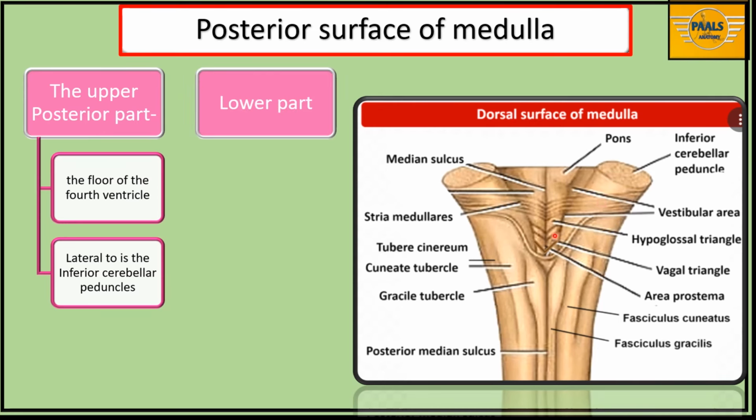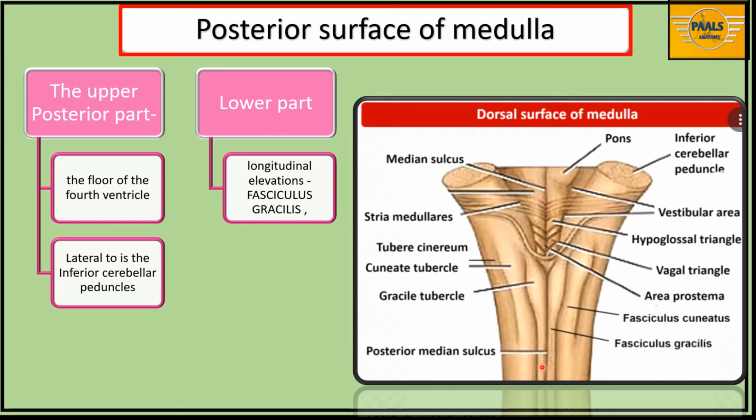In this lower part, we'll start from the most distal part. Here is the posteromedian sulcus. Adjacent to the posteromedian sulcus is a longitudinal elevation. This elevation is called the fasciculus gracilis.